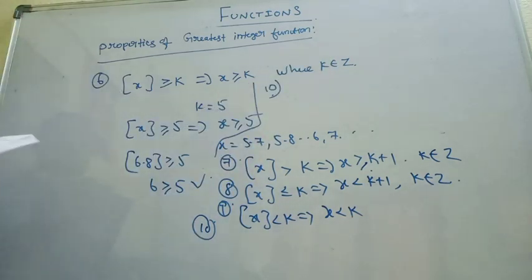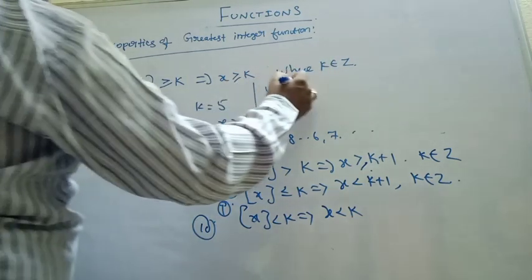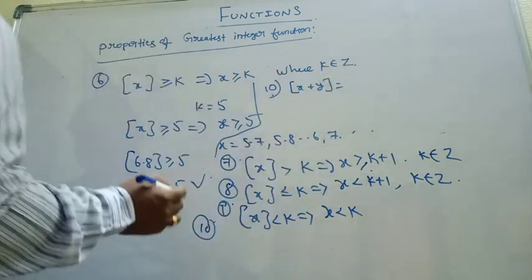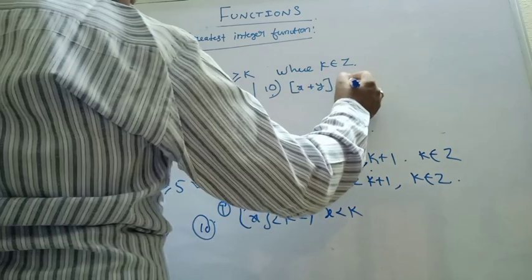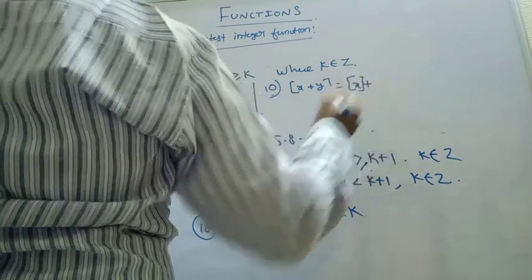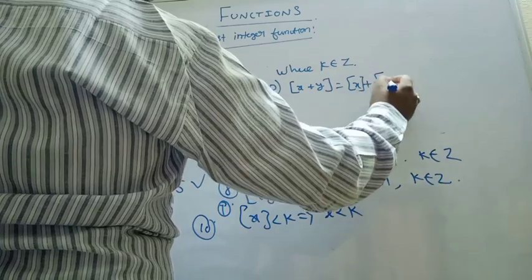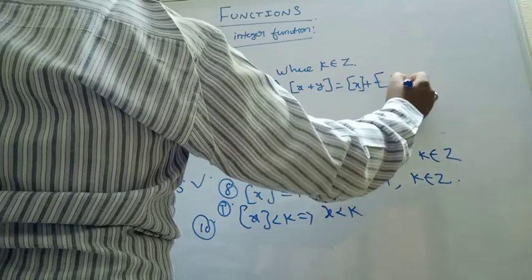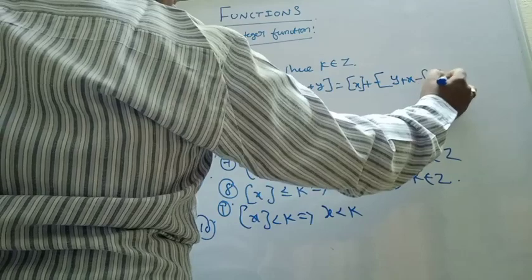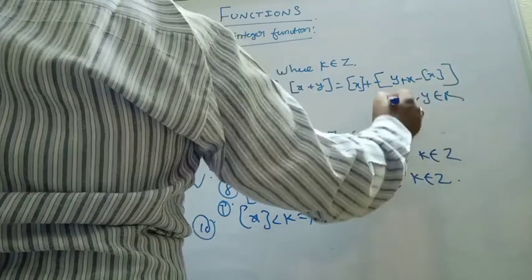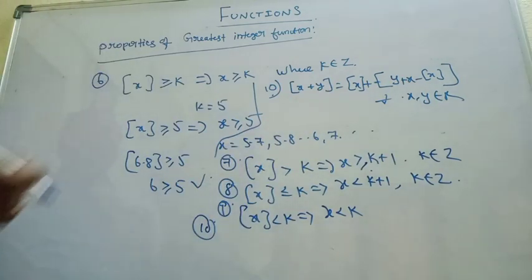Now floor of x plus y, where x and y are real numbers, is equal to floor x plus floor of y plus x minus floor x, where x, y belong to R. You can easily verify all these with nice manual numbers, then you can get that.